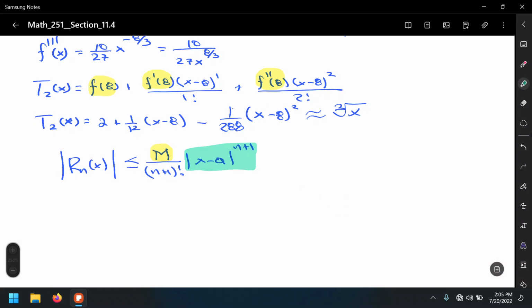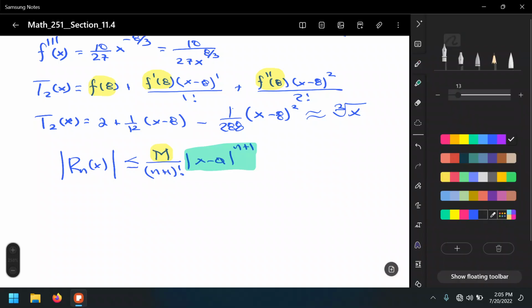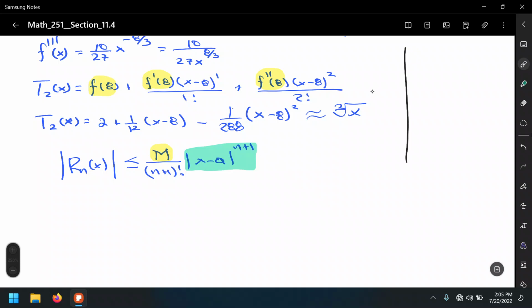So in this case, let me do the one in green first. I think that one is the easiest one. So recall that we're doing this. We have this graph right here, centered at 8, and we have some graph right here.